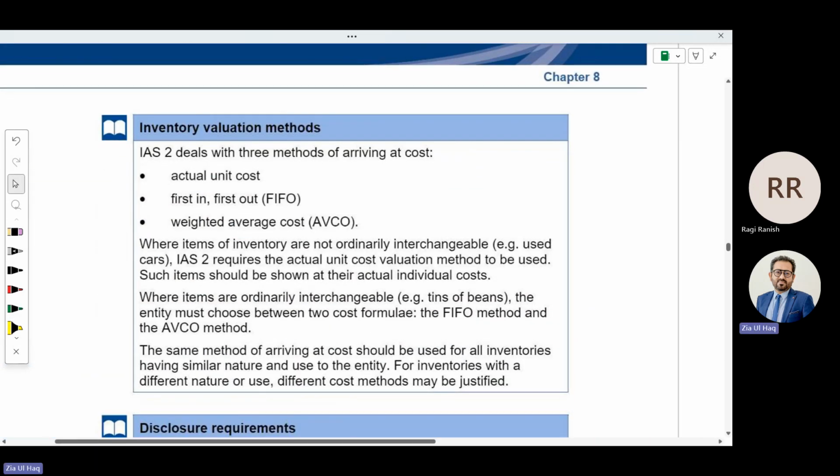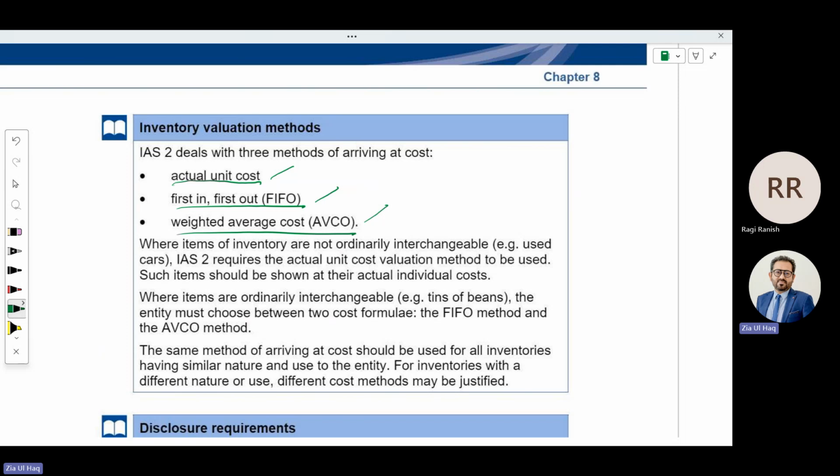Inventory valuation method. IAS 2 deals with three methods of arriving at cost: actual unit cost, first in first out method, and weighted average method, and these methods we have learned in financial accounting. The examiner will not ask here to calculate inventory using these methods. It's not coming for this.